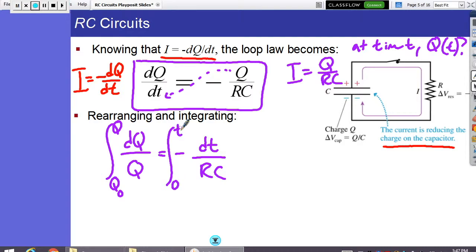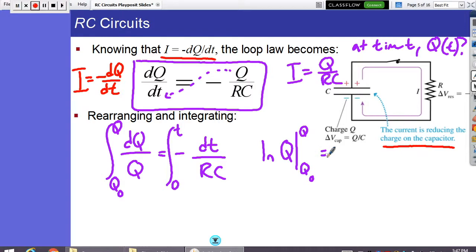These are both pretty good integrals. I know dq over q is ln, so I'm going to end up with ln of q from Q0 to Q on this side.